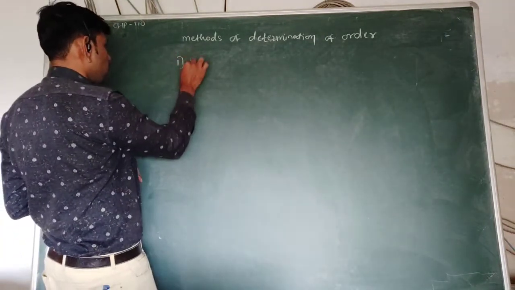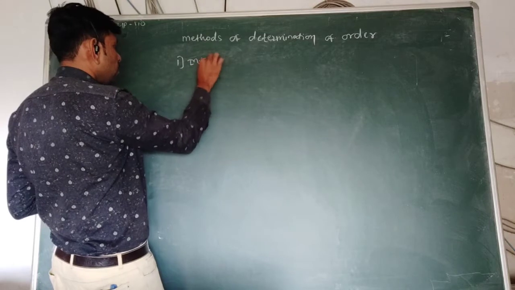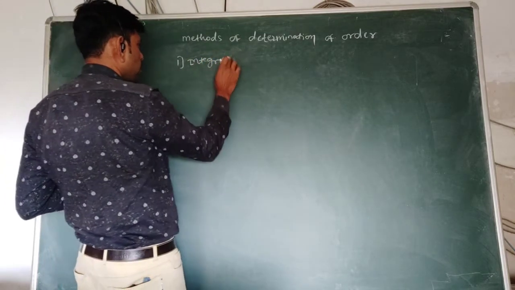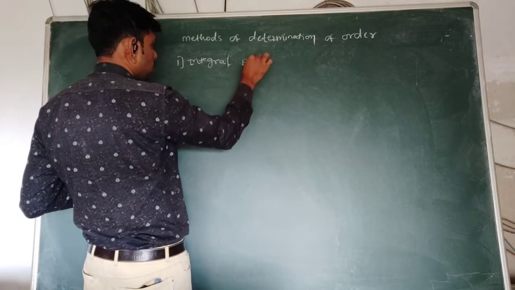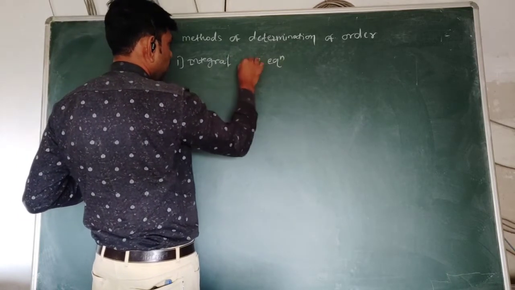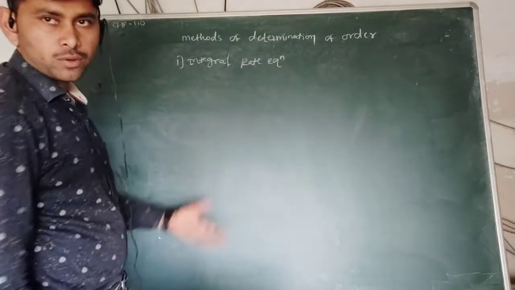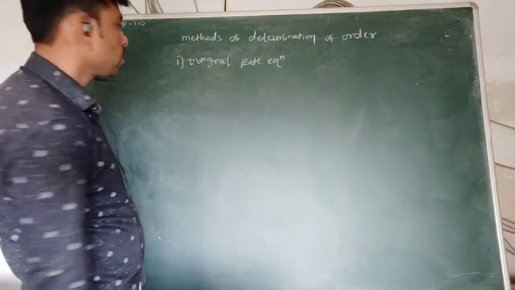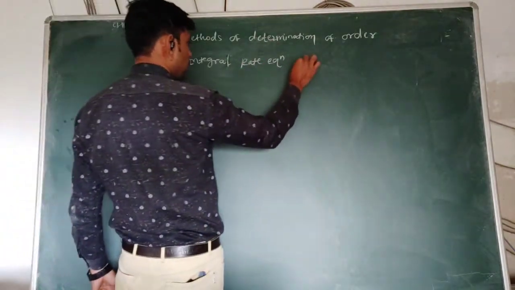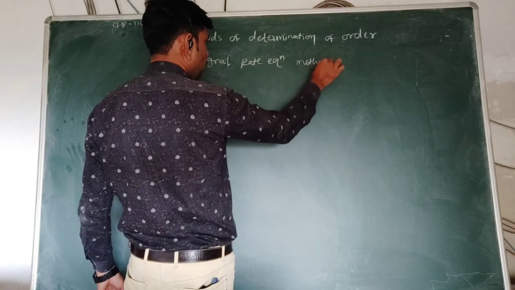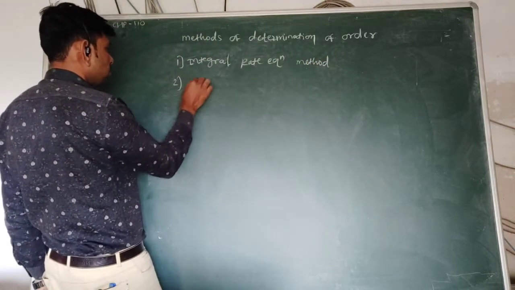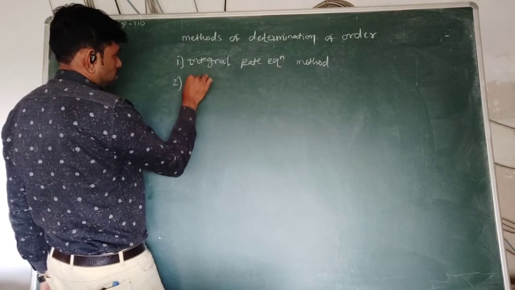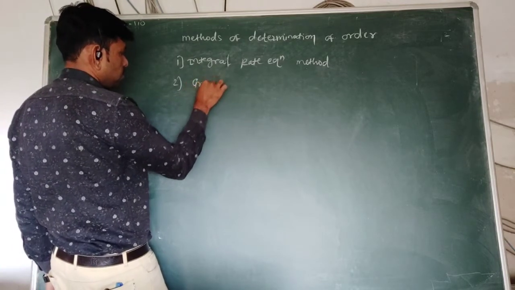First is the integral rate equation method. We know that we obtain an integral rate equation every time for the rate constant. So the integral rate equation method is one of the methods available for determination of order of reaction. Second is the graphical method.